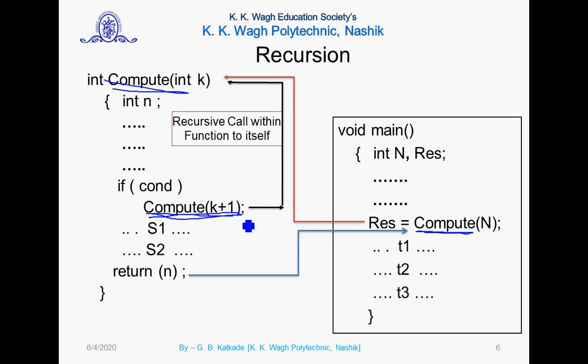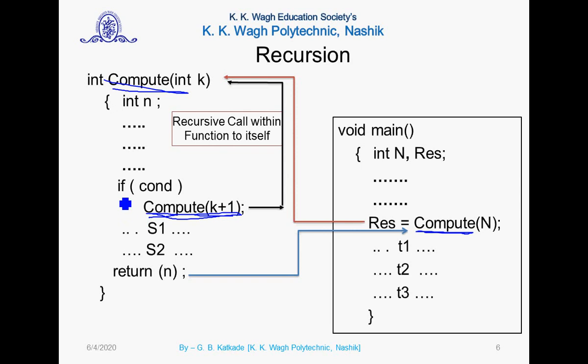So this recursive call will transfer the control to the start of the function again. The execution will be repeated again and again as long as there is a recursive call to the function itself. To terminate such a function, there should be some situation or instance in which the condition becomes false.